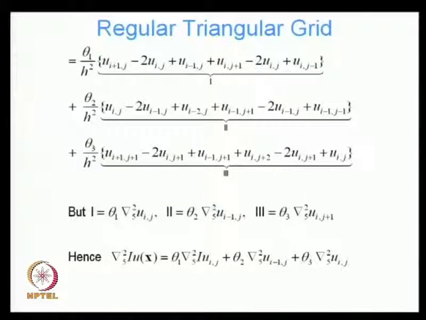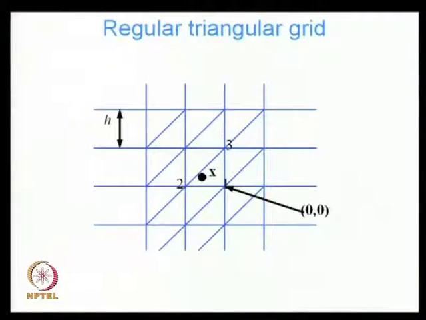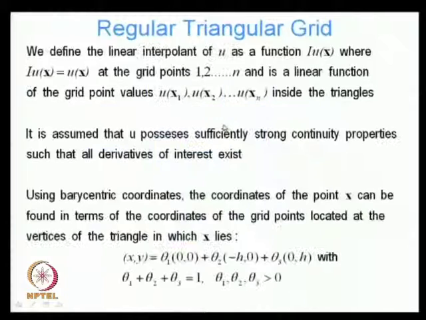But what are I j, I minus 1 j and I j plus 1? These indices represent the points on that triangle, right. They just represent these points, this point, that point, and that point. So, finally, what do I get?